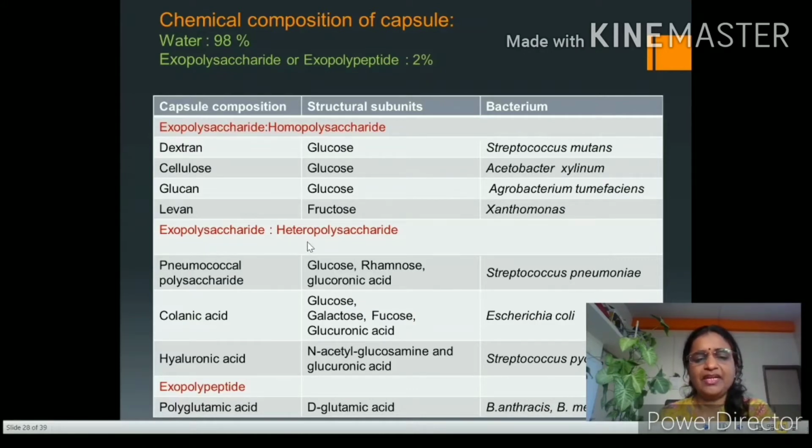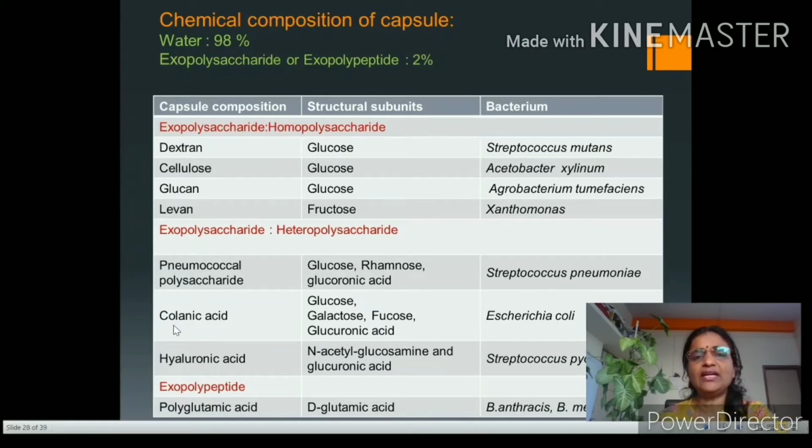Another is heteropolysaccharide. Capsules having heteropolysaccharide, and one of the best examples is Streptococcus pneumoniae. This pneumococcal polysaccharide consists of glucose, rhamnose, glucuronic acid. These different subunits form the polysaccharide, and that's why these polysaccharides are heteropolysaccharides. Another example is Escherichia coli.